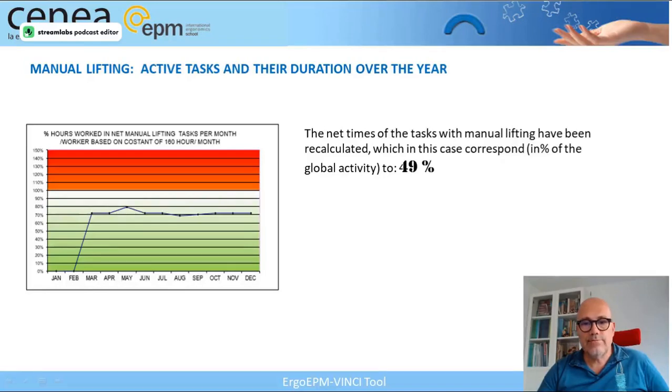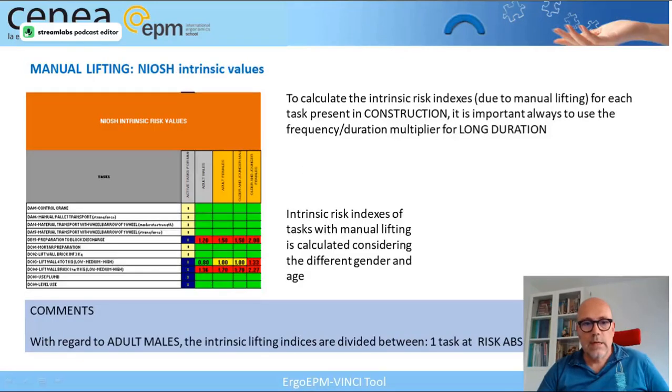As we see graphed here, the intrinsic risks that are already calculated in the library are as if they are performed throughout the day, long duration every day, for men, for women, depending on the age range, the age category of the worker.